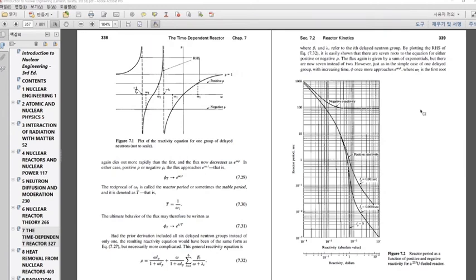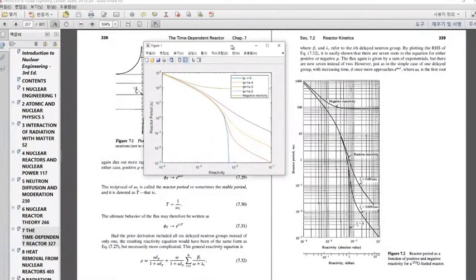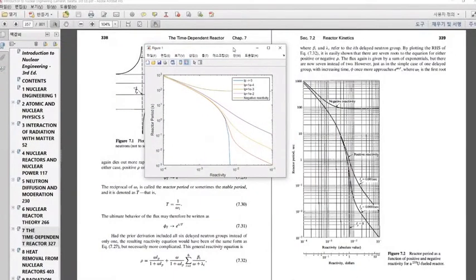Previously, when I taught this reactivity and reactor period relation, the result of the analysis was very similar to the one shown in this figure 7.2.